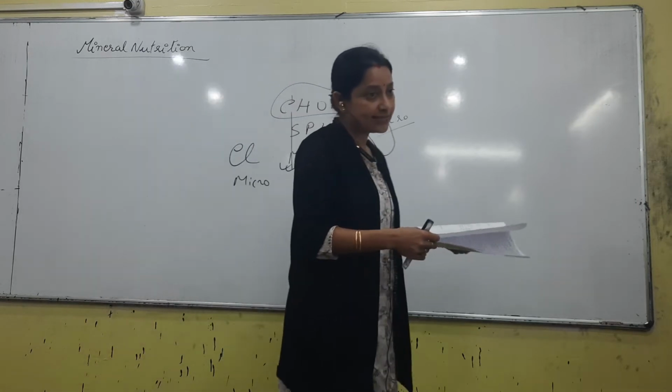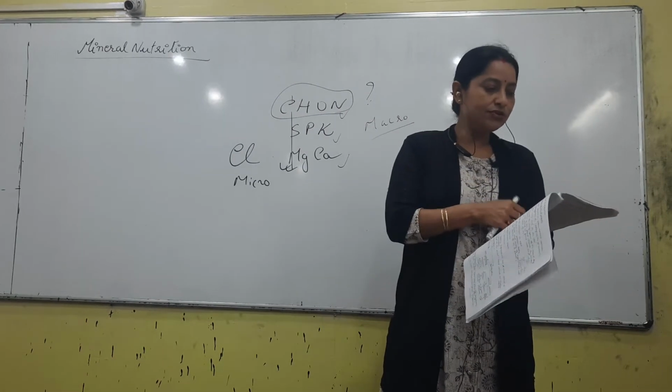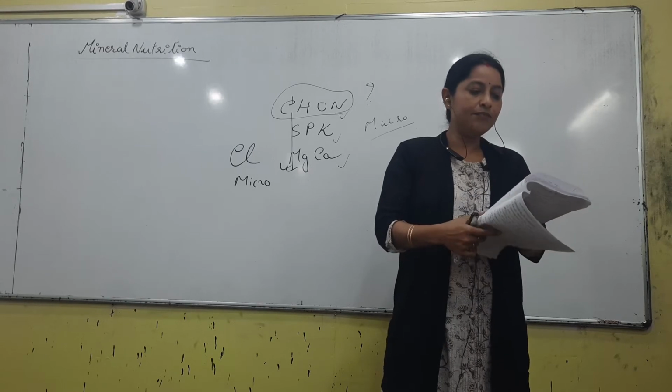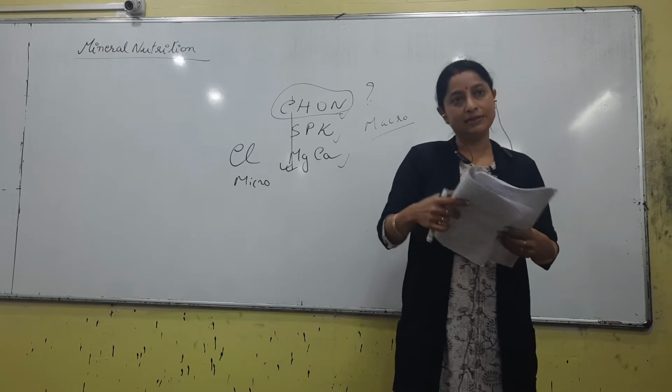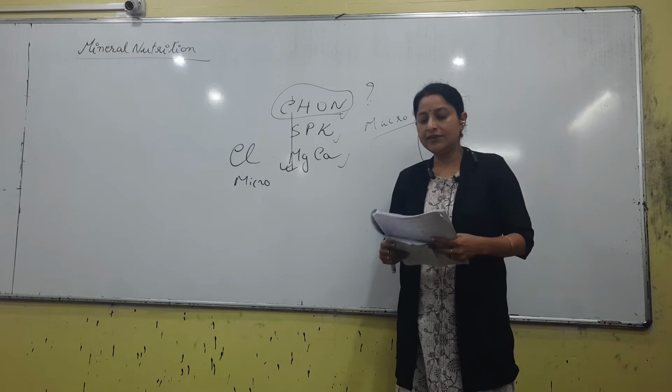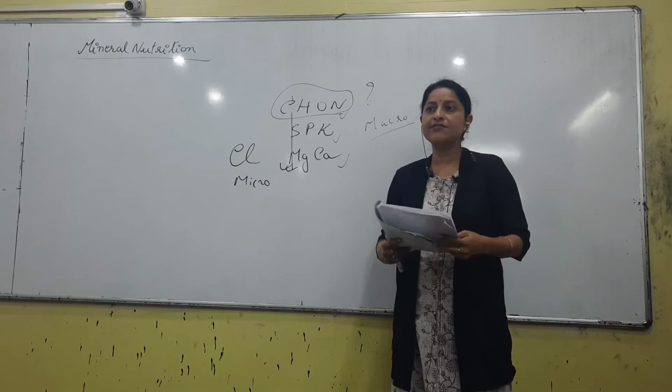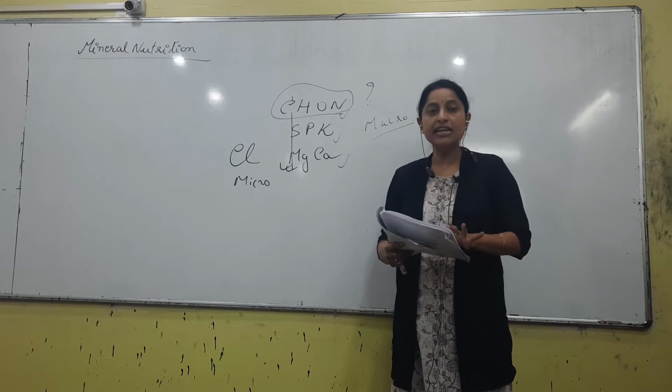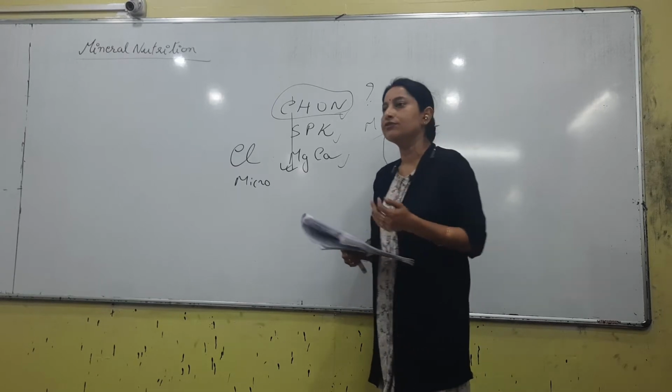Coming to biological nitrogen fixation, there are two types: symbiotic and asymbiotic. Please go to the next page. The points given below are quite important. Free living aerobic nitrogen fixing bacteria, free living anaerobic nitrogen fixing.